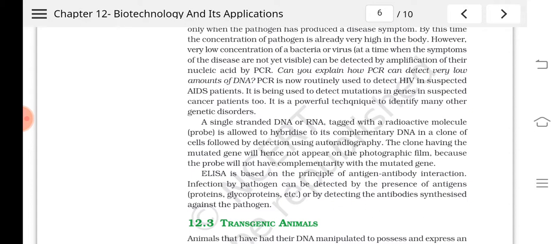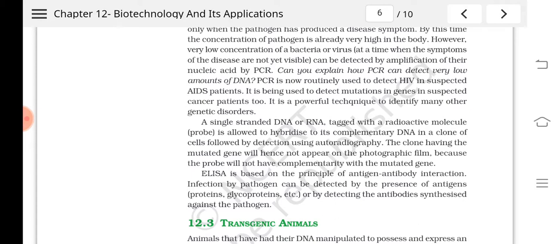So if the antibody is there in the blood, then it confirms that that particular antigen or microorganism is there. Understood? So depending upon the antigen antibody interaction, the ELISA test is done. So if the pathogen is there in the body, then there will be the presence of antigens like proteins, glycoproteins, etc., or we detect the antibodies synthesized by the body against the pathogen.